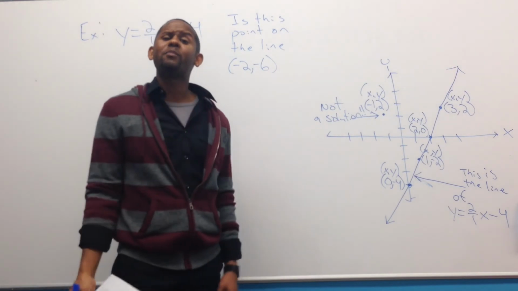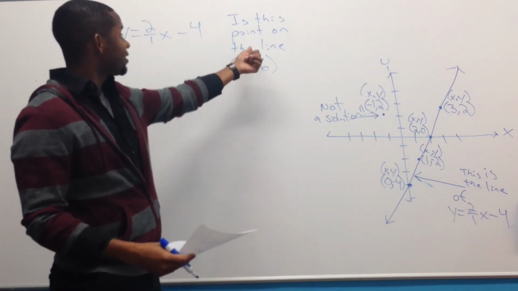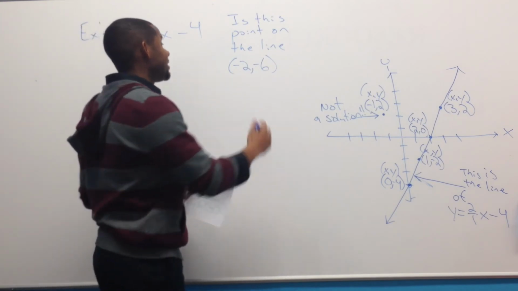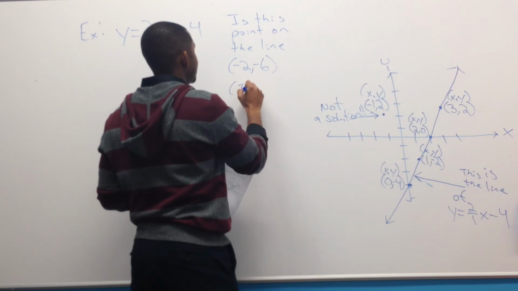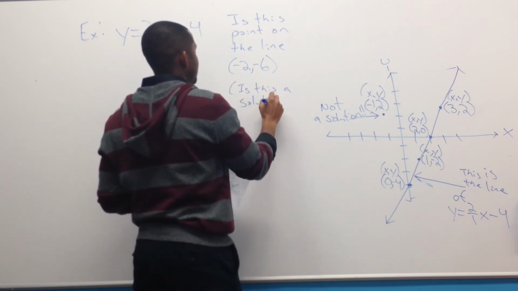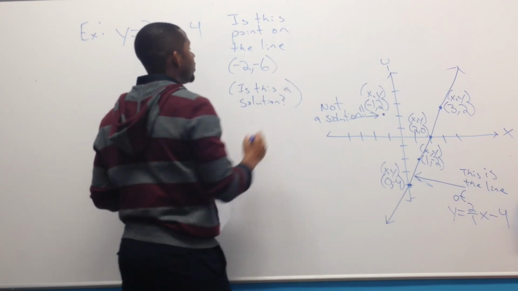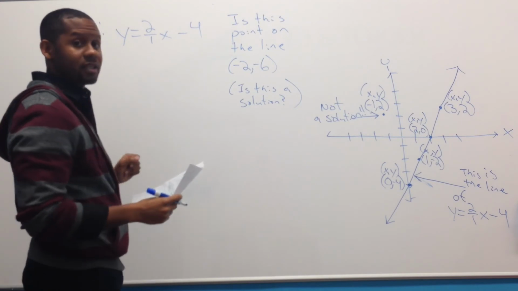But you don't have graph paper. You don't know how to graph the line. Well, all you need to know is if the point is on the line, that means the point is a solution. So this is really saying, is this a solution? That's what they're really asking. And how could I find out if this is a solution to this?